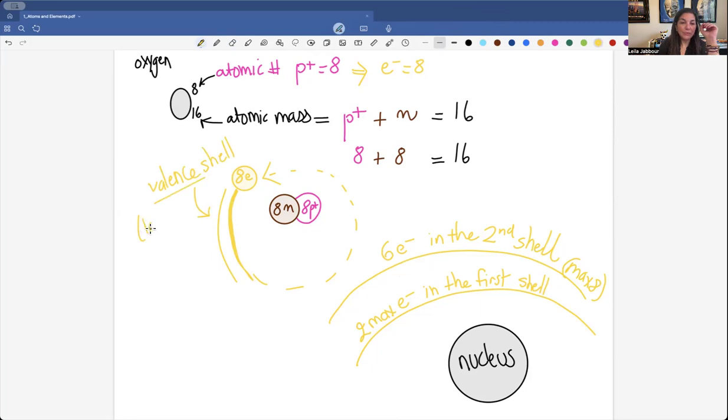So for oxygen, we didn't have a third one. It just doesn't exist because we only need 2. So the second shell happens to be the valence shell for oxygen.